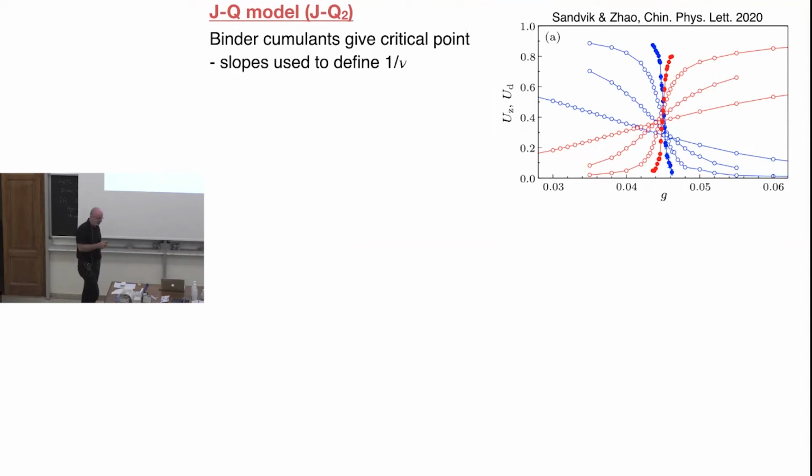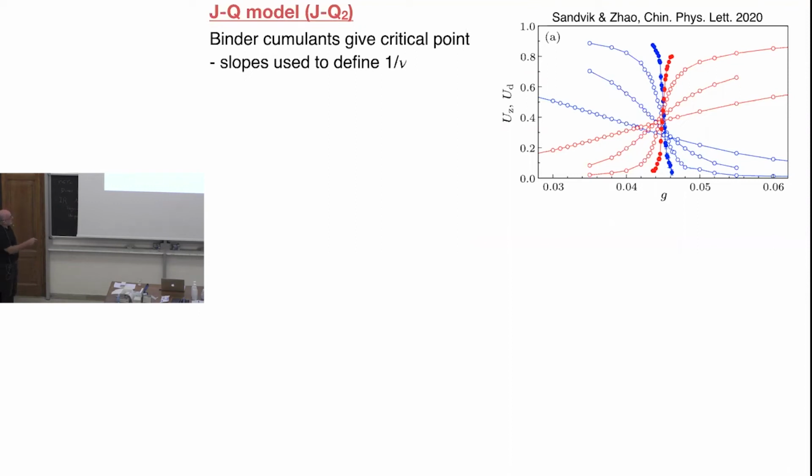So now this is a picture similar to the one I showed you before, where we have the Binder cumulant of the dimer, which I call UD, and the antiferromagnetic order parameter, which in this case is just measured as the Z component. That's why I call it UZ, but it doesn't really matter at all how you do it.